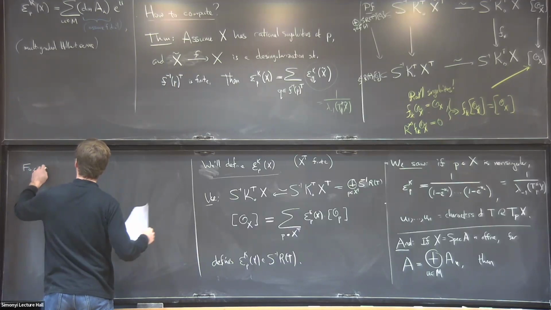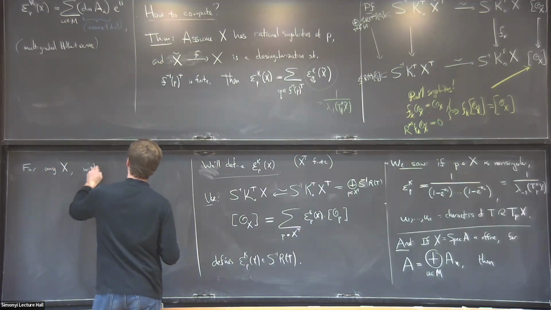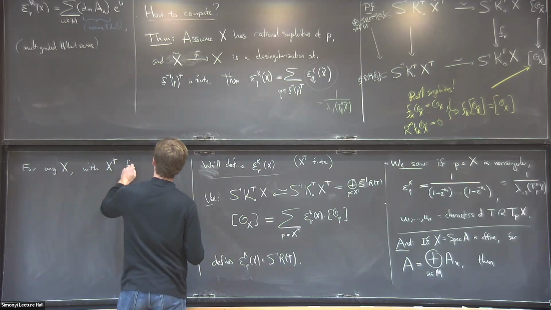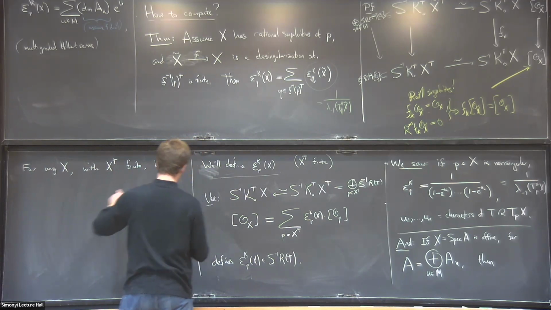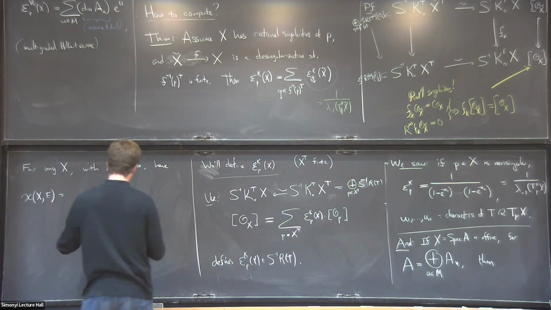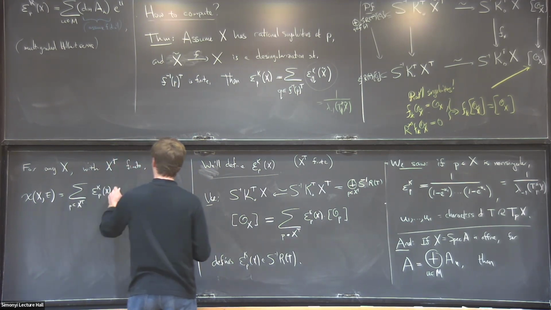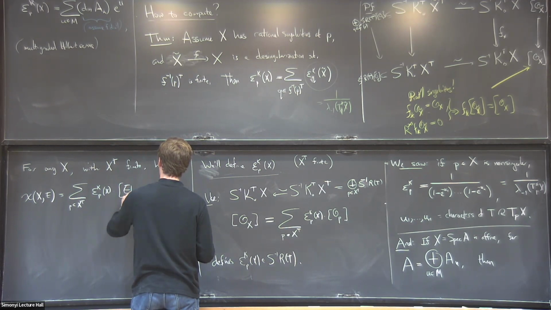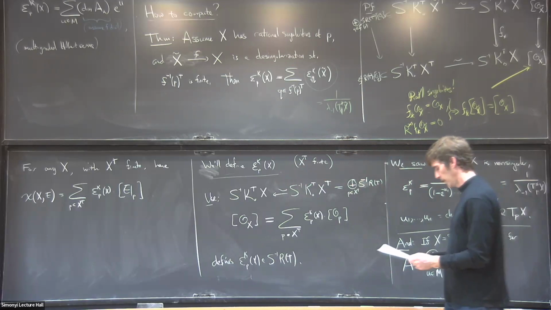For any X, I still want to work with toric varieties, but let me just remark that for any X with finite fixed locus, I can compute the Euler characteristic of a vector bundle by taking its different multiplicities and summing up like that.